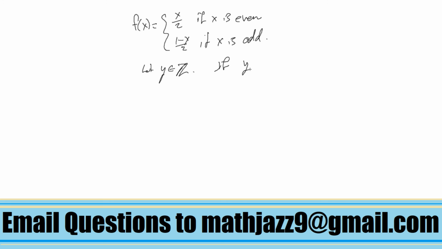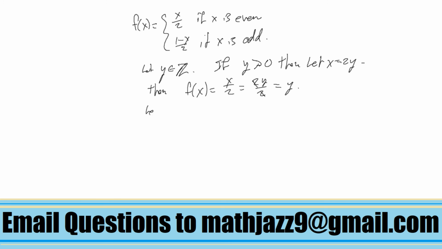If y is positive, then let x equal to 2y. Then f of x equals x over 2 equals 2y over 2, which equals y. So we hit all of our positive integers.